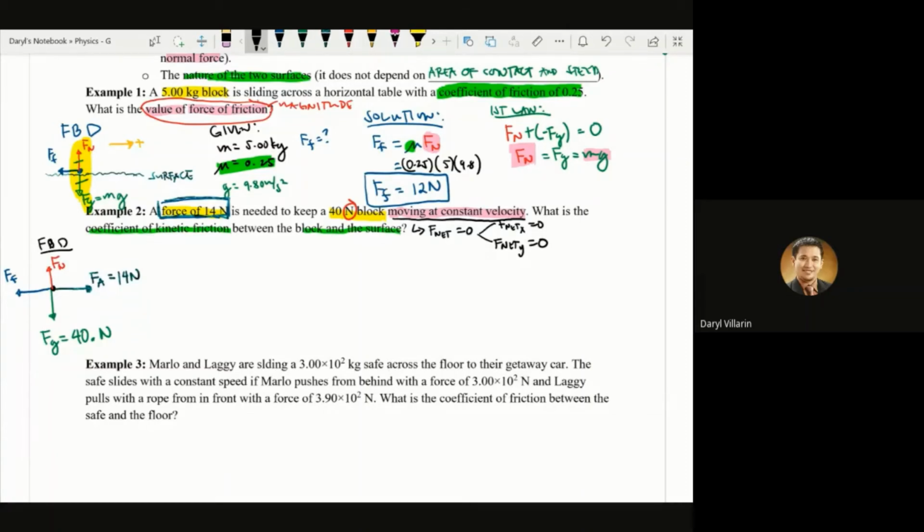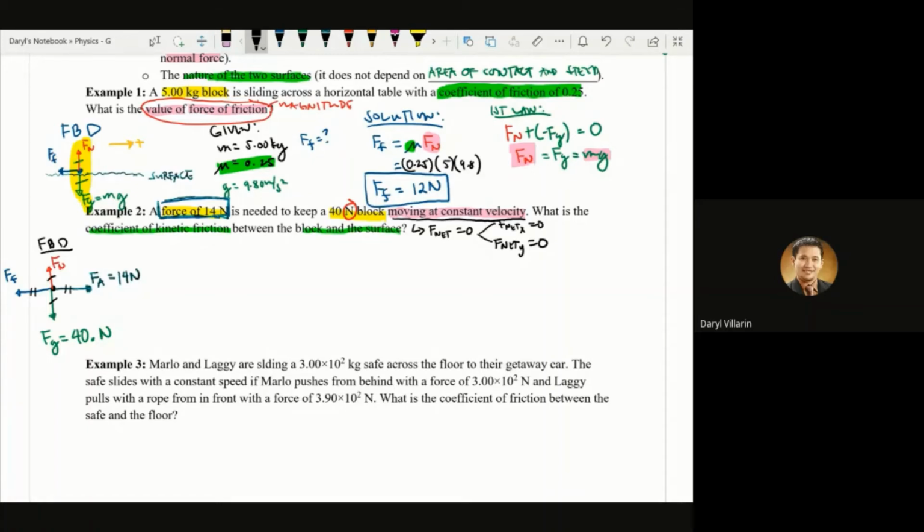By just looking at your free body diagram, you can say that this applied force must be equivalent to the frictional force, as well as your normal force is equivalent to the Fg. Okay? So again, how do I know that? Well, the object is moving with a constant velocity, and according to Newton's first law, the acceleration is 0, so the net force is equal to 0.